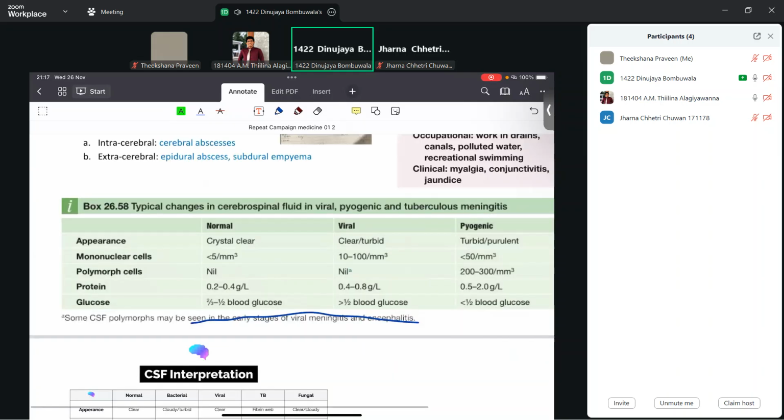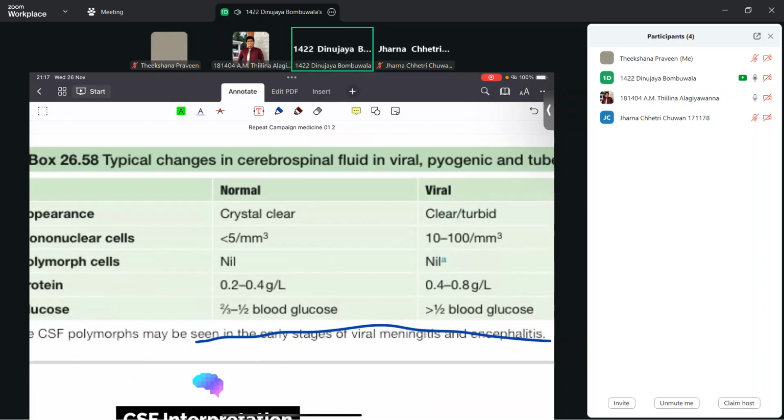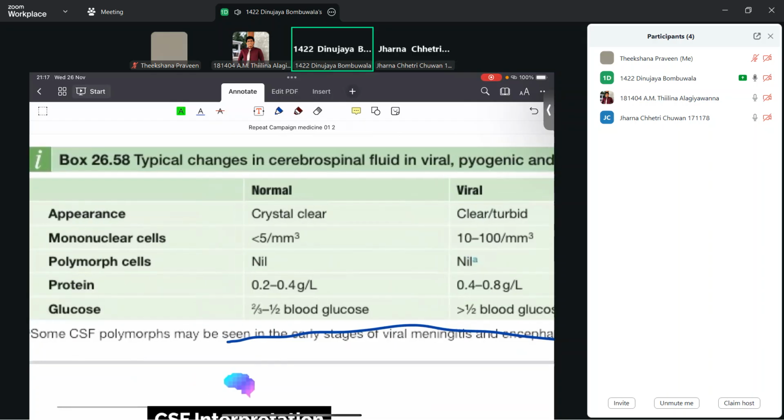Jarna, can you tell me how these parameters change in bacterial meningitis? Glucose will be reduced and the protein will increase, and polymorphs will, wait, will it increase? I forgot that. Go through each one by one. How would the appearance be?